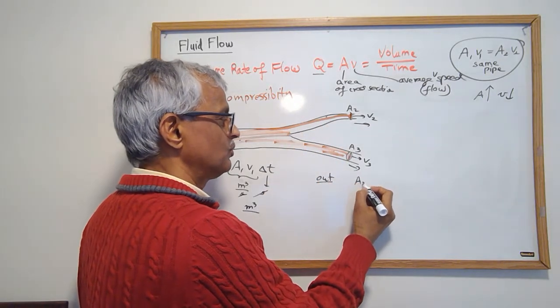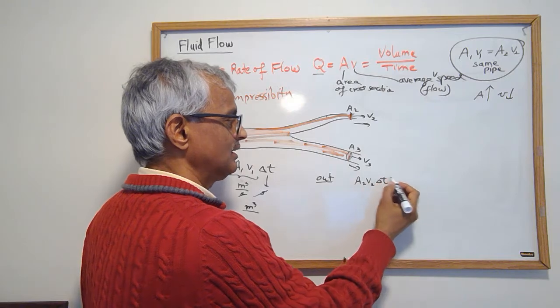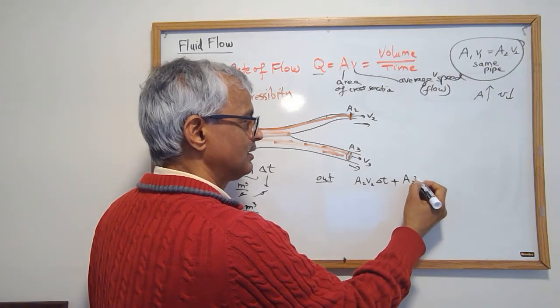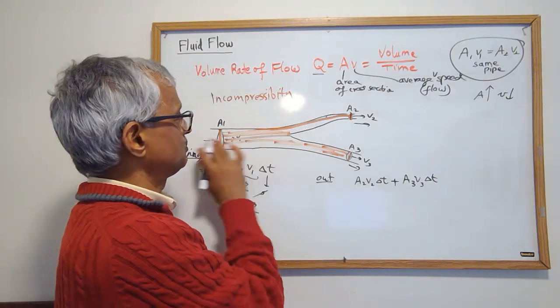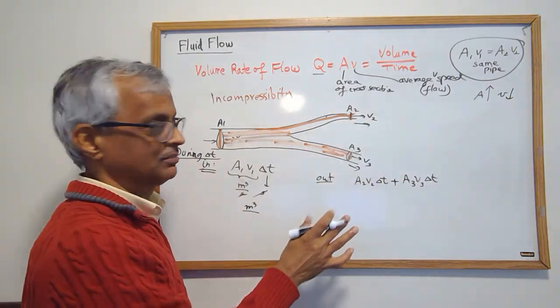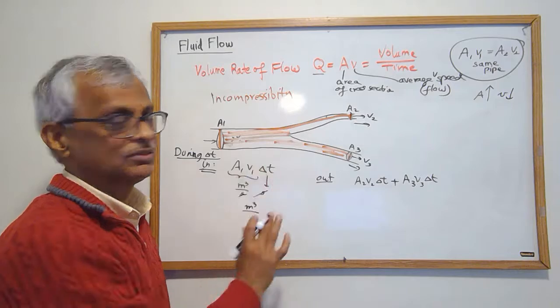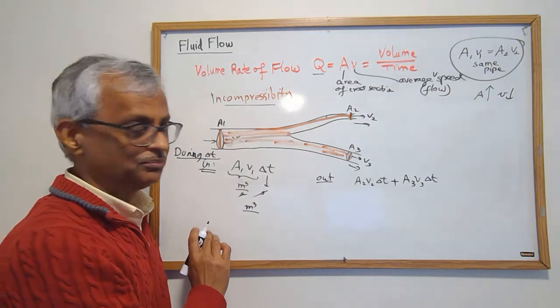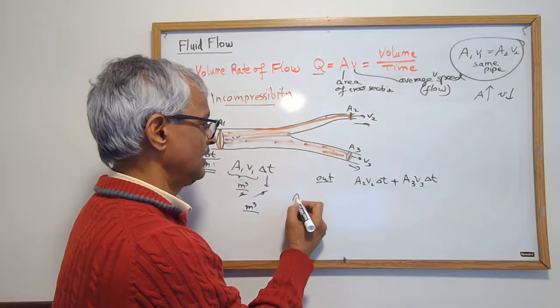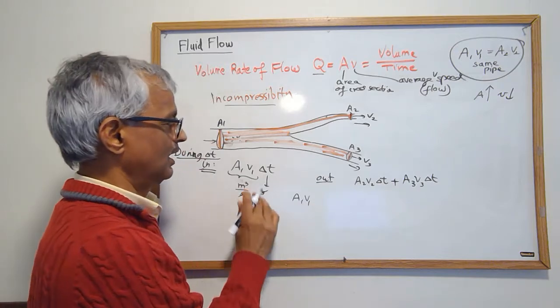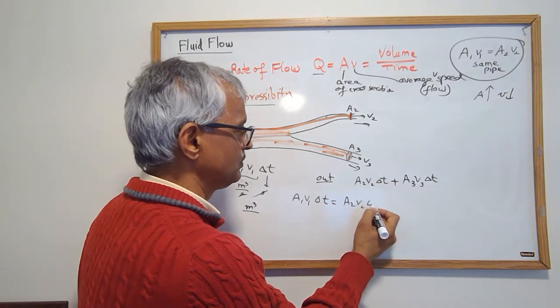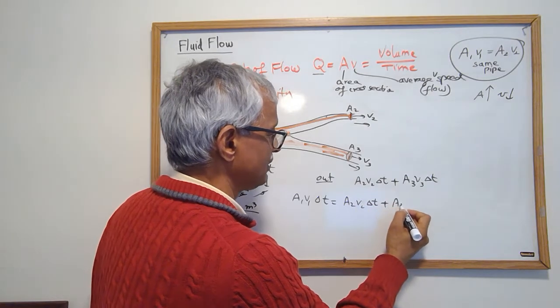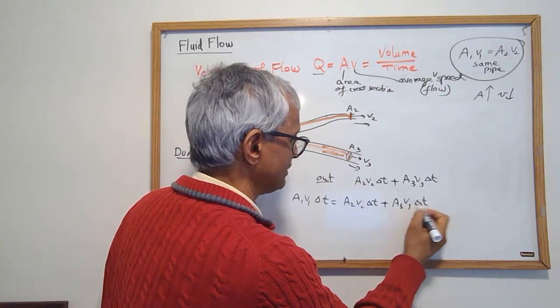So A2 V2 delta T plus A3 V3 delta T. And this has to equal that, because what came in must have left, because this volume cannot change, because of incompressibility. So I get A1 V1 delta T equals A2 V2 delta T plus A3 V3 delta T.